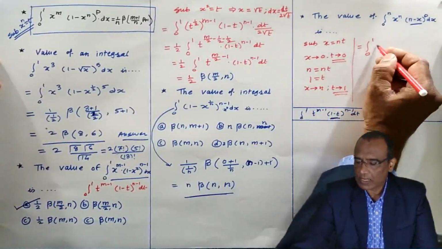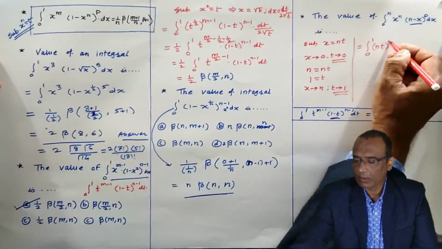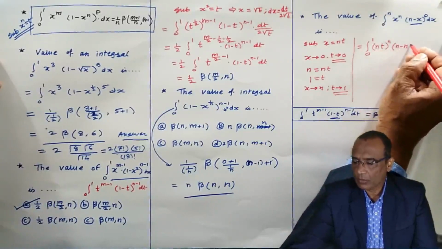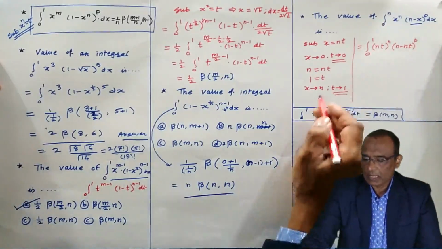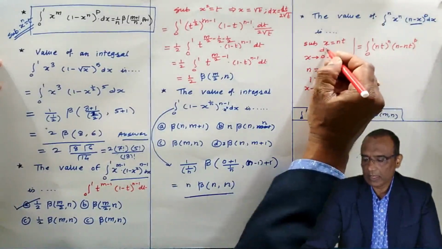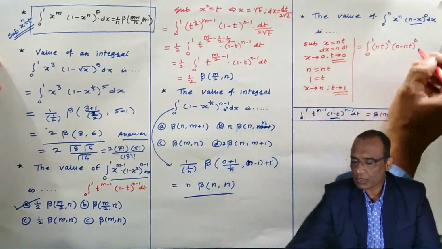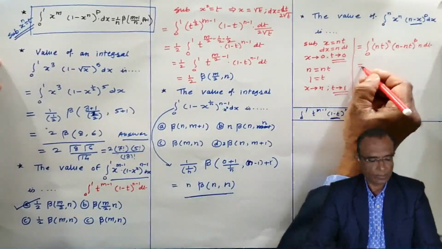What is x? x is n into t. And dx, x is there. Let's take derivative. Derivative of t is dt and n is constant. n into dt.